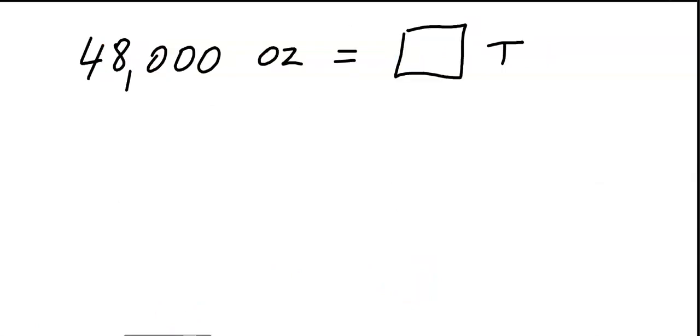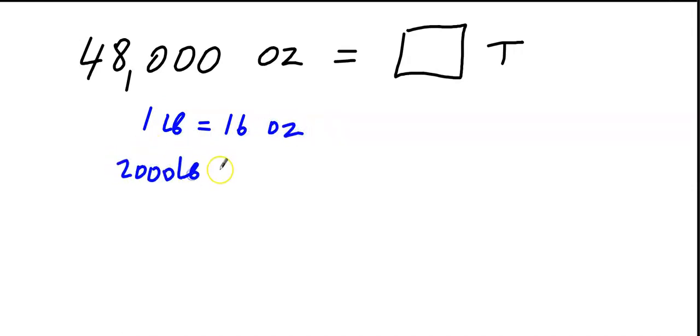And one more interesting problem here. 48,000 ounces. They want to change it into tons, for example. So how do you change from ounces to tons? Well, we know that 1 pound is 16 ounces, and we also know that 2,000 pounds is equal to 1 ton.